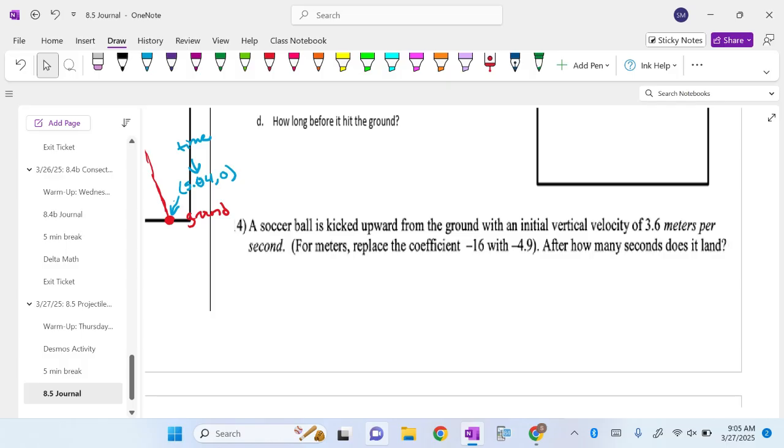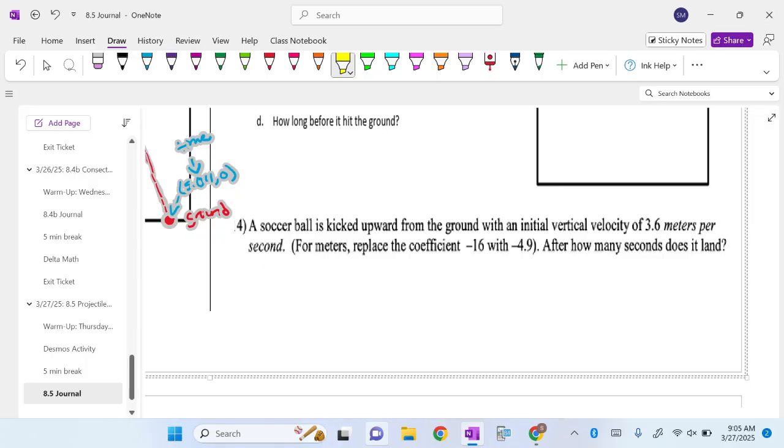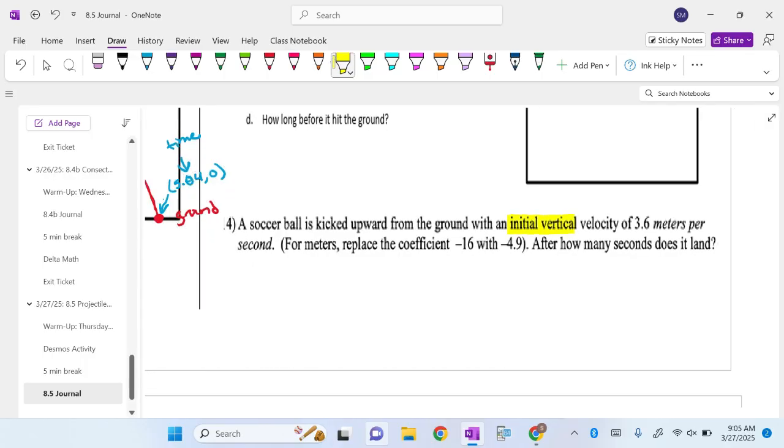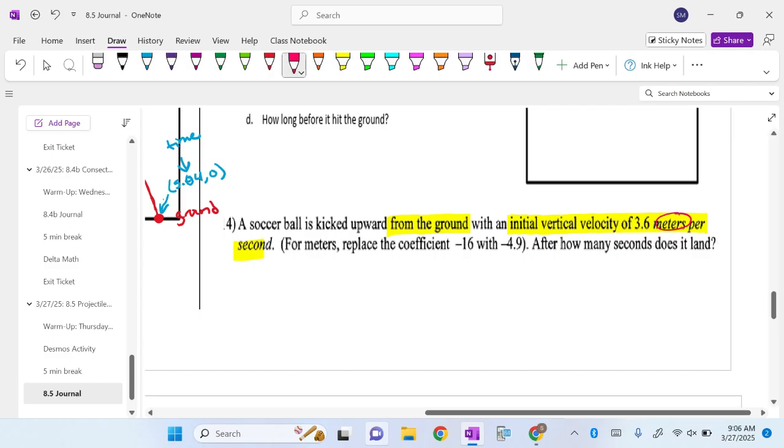Okay. So a soccer ball is kicked upward from the ground at an initial velocity of 3.6 meters per second. And it's kicked upward from the ground. All right. Now, since it says meters, that means we're using this form of the function.